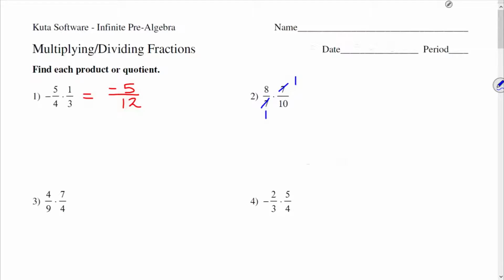Similarly, 8 and 10, 2 is the common factor that goes into 8 and 10. And so 2 goes into 8 4 times, 2 goes into 10 5 times, and then I can multiply 1 times 4. 4 times 1 is 4, and 1 times 5 is 5. That process of cross-canceling common factors is really important for us as we multiply rational expressions.